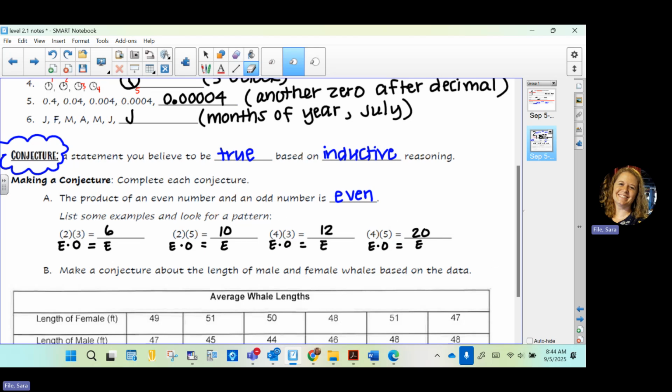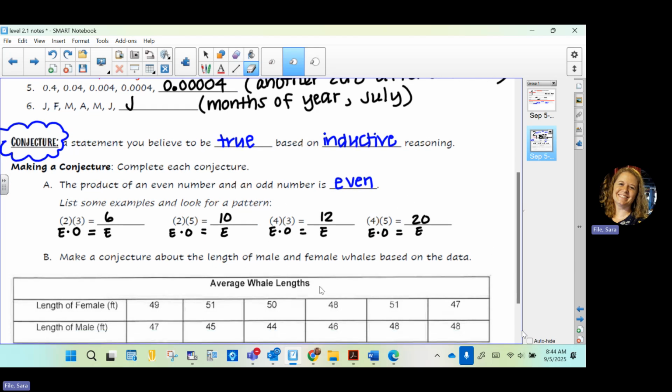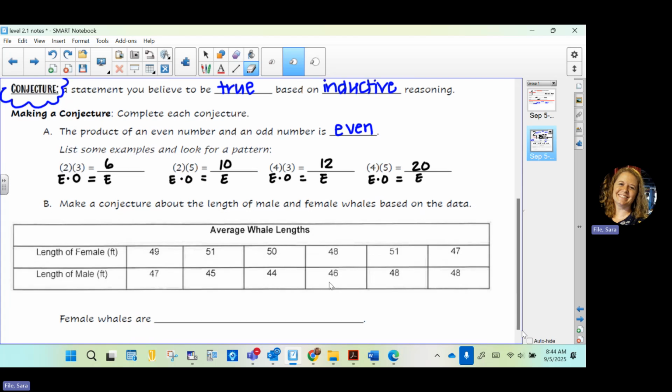All right, last one, making a conjecture. Okay, it says, make a conjecture about the length of male and female whales based on the data. So average whale length, okay, females, and this is in feet for both. Okay, so female and male comparisons. Okay, so what does it look like the pattern is in the comparison of female and male?